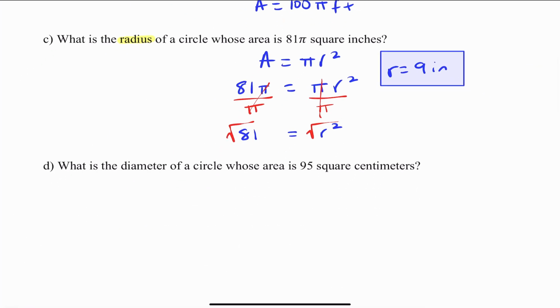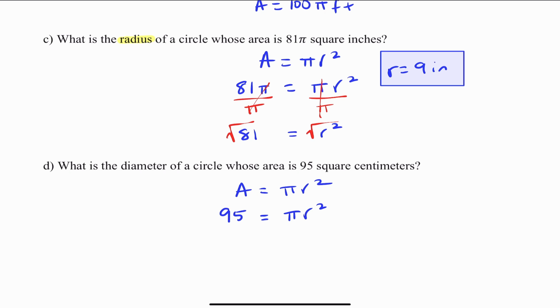All right? D, what is the diameter of a circle whose area is 95 square centimeters? So I got to use that formula again. A equals pi r squared. Is the area given to me, yes or no? What's the area? Just 95. Not 95 pi, just 95. Equals pi r squared. Now, in order for me to find the diameter, we only have r.